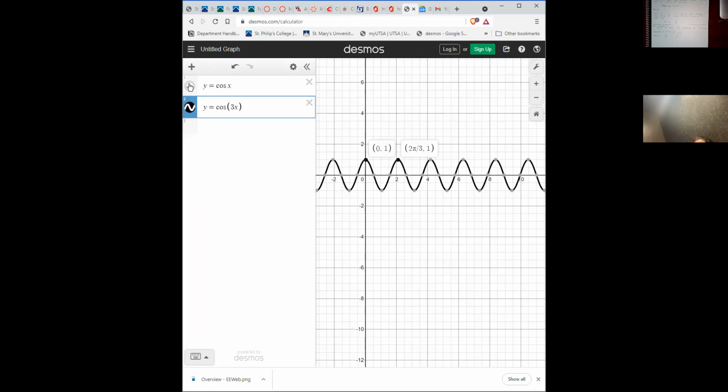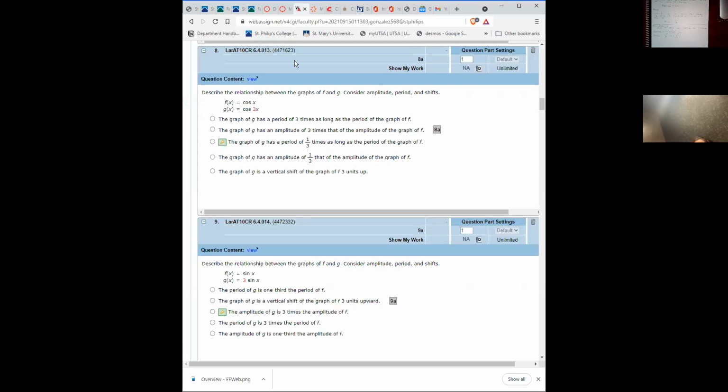So it's 3 times faster, but the way we should phrase it is it has a period that is 3 times shorter because it's faster. Does that make sense? So that's what this is saying right here. The graph of G has a period of 1/3 times as long as the original period of F.